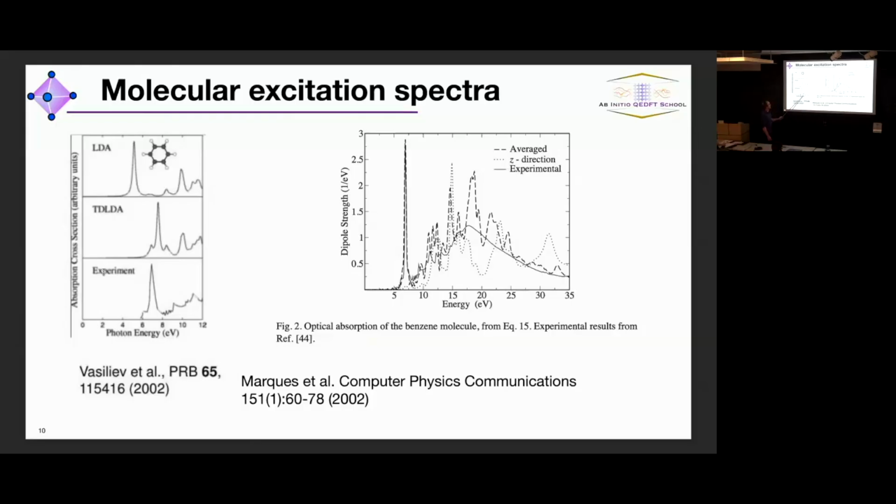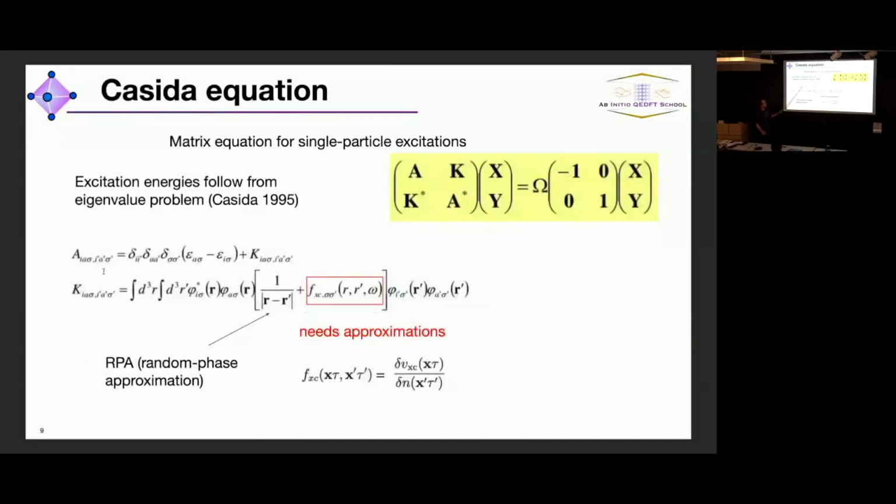But if you compare to experiment, you see that experimentally the first transition, the HOMO-LUMO transition, is around 7 eV. If you go back to the Casida equation, this means exactly that. If you just consider the first term, just the energy differences of the Kohn-Sham energies, we neglected the second term. But now we can do better.